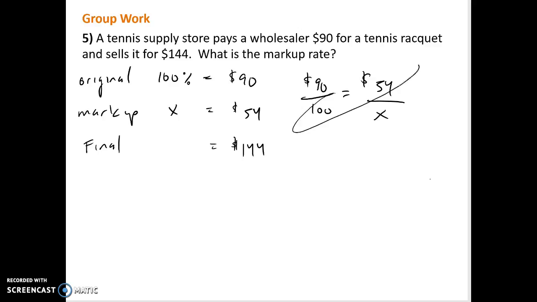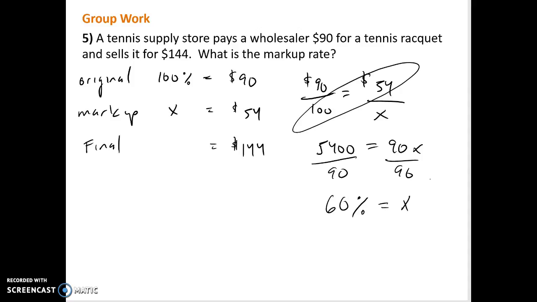Cross multiply. 5400 equals 90x. Divide 90 on both sides. And we get x equals 60% as our markup.